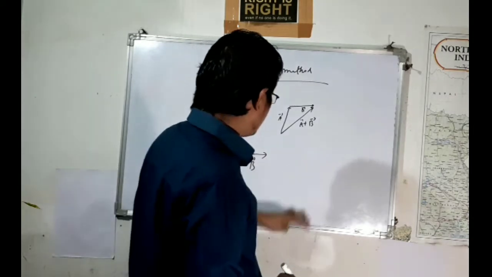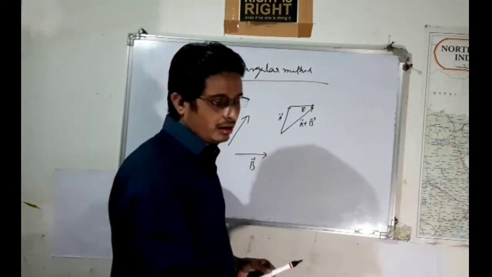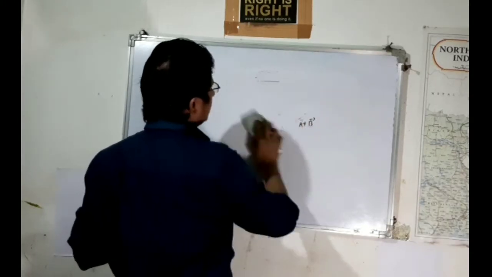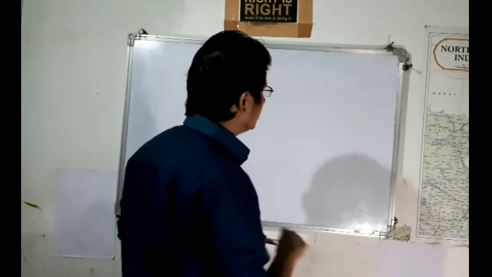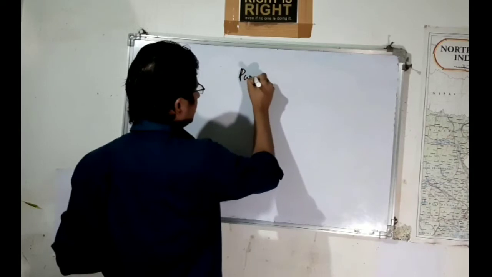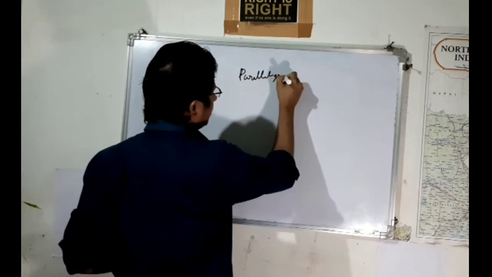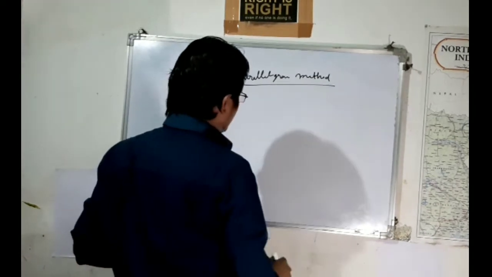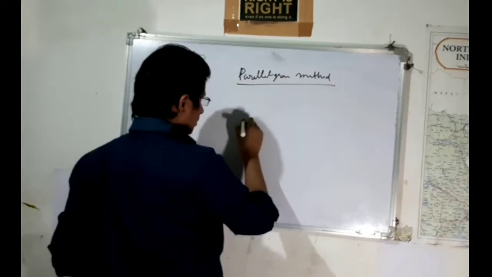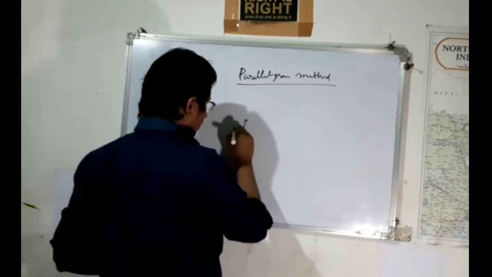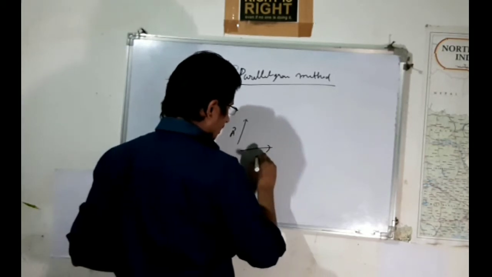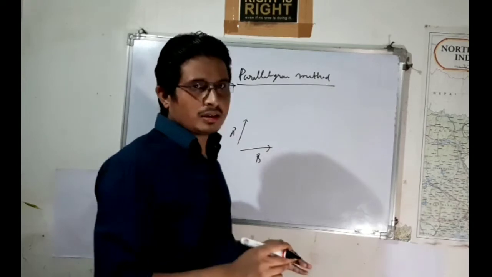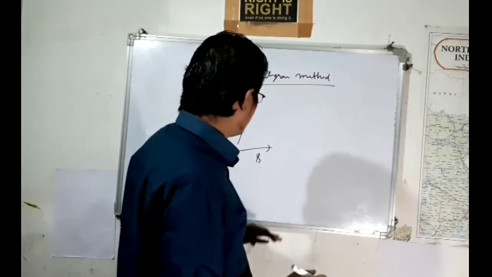Another is the parallelogram method. In the parallelogram method, the same two vectors A and B are connected like this.